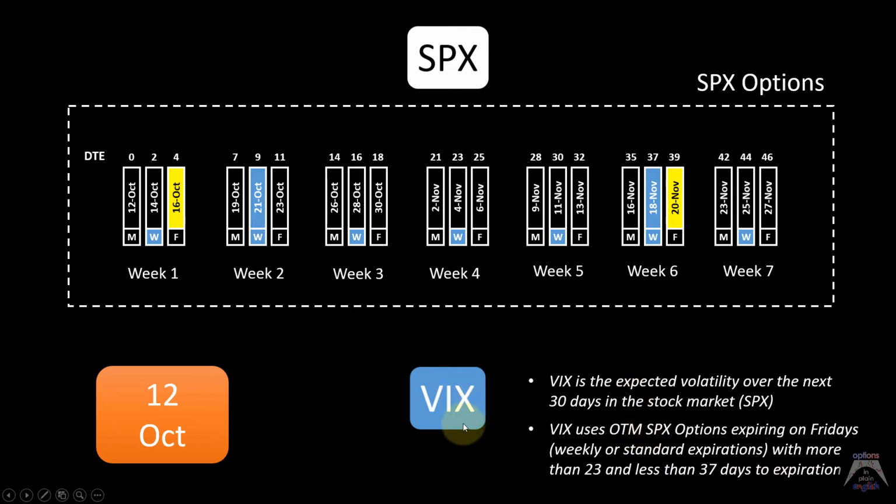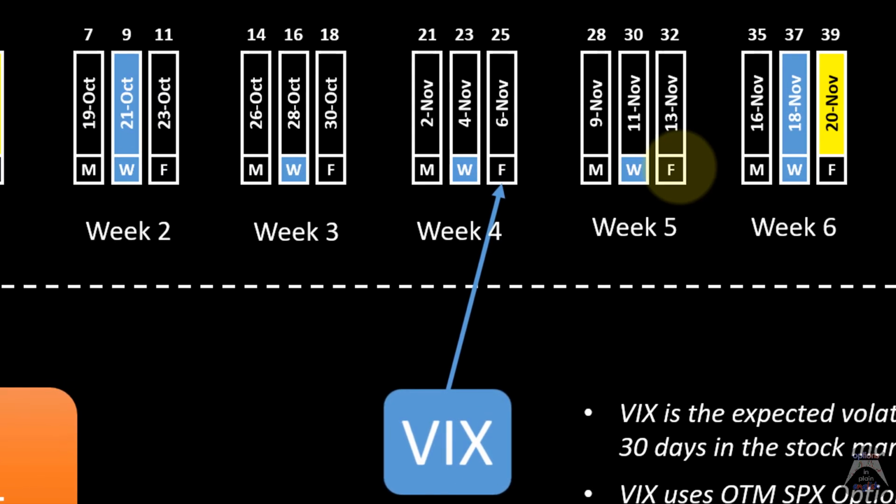So to calculate the VIX, VIX is going to use 2 expirations, and then it's going to get the volatility for each, and then via interpolation, it's going to get the number for 30 days. How? By weighting the different expirations and getting what would be the volatility for the next 30 days. So in this case, VIX would be calculated by using the options on November 6th.